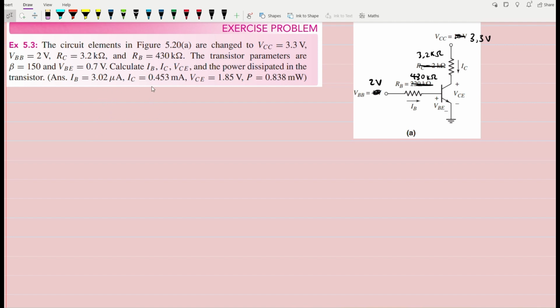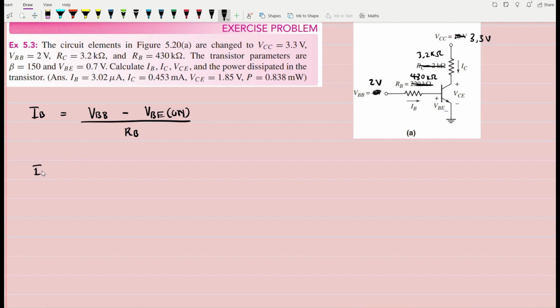We're going to start with calculating IB. We're going to use this equation: IB is equal to VBB minus VBE on, divided by the resistor in between, which is RB.